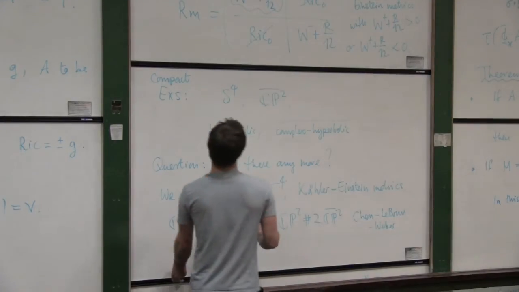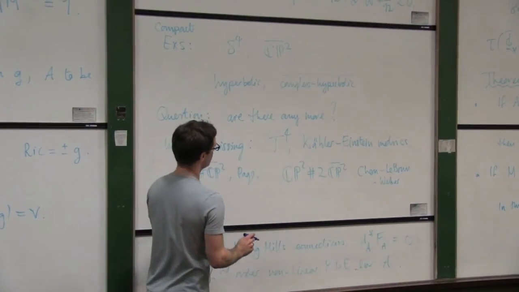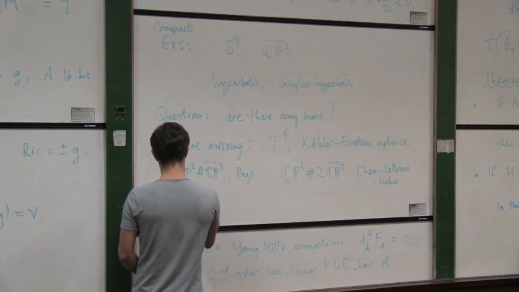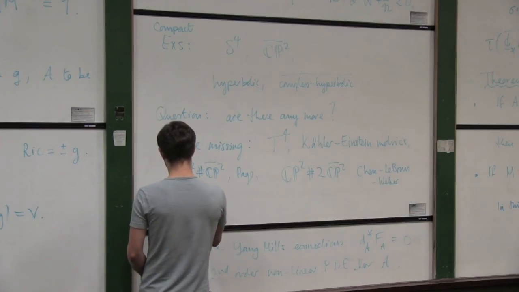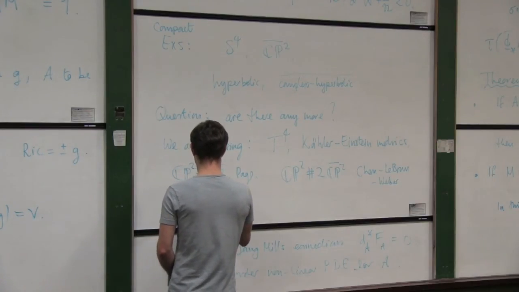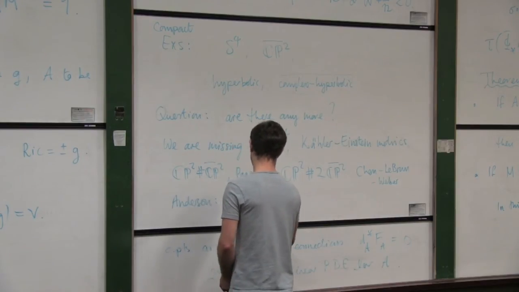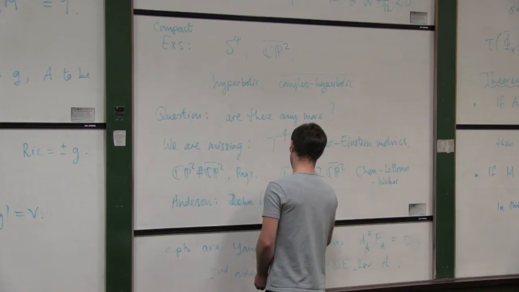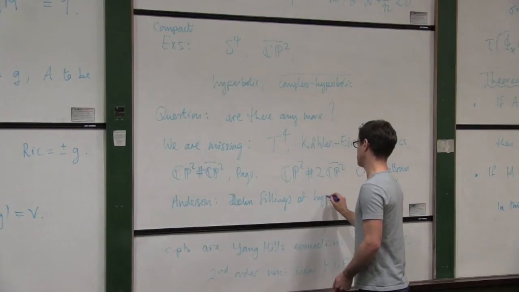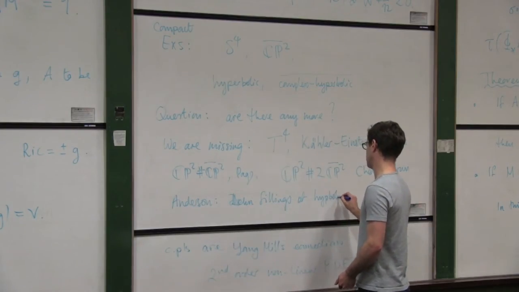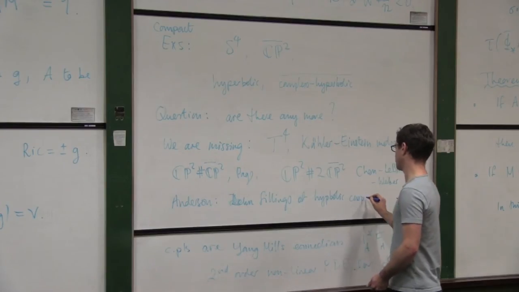There's also a sequence of metrics due to Anderson on Dehn fillings of hyperbolic cuspidal metrics.